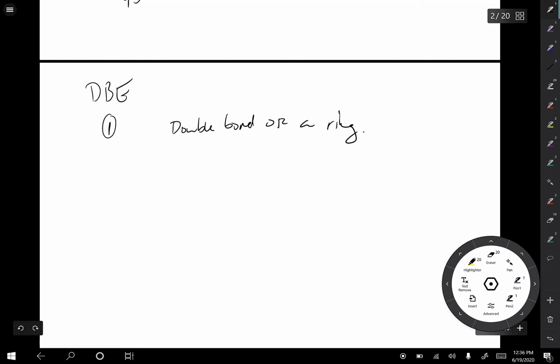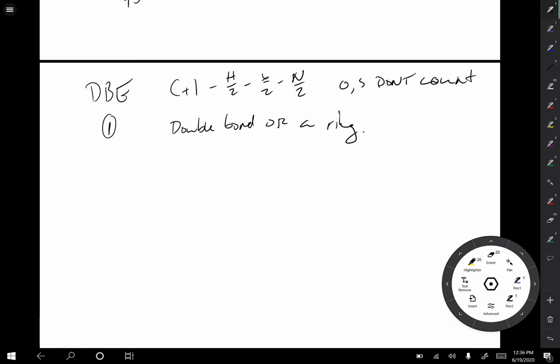The formula, like I said, is C plus 1 minus H over 2 minus X over 2 minus N over 2. Oxygens and sulfur, you don't count, and that's mainly because they create a one-to-one bond with a hydrogen. So a double bond, for example, this one has 1, or it can be a ring.